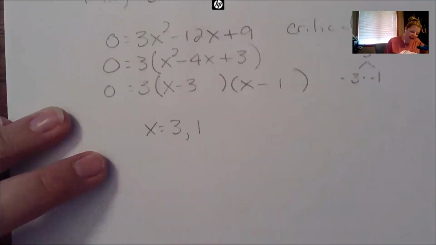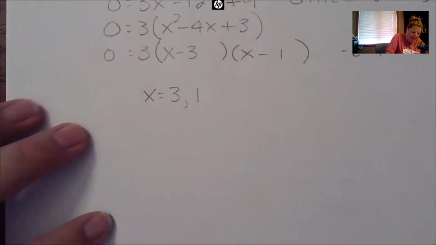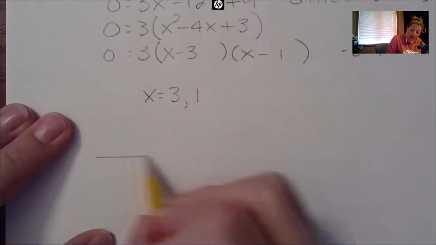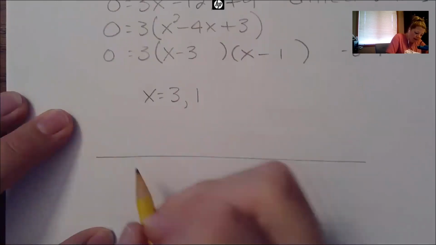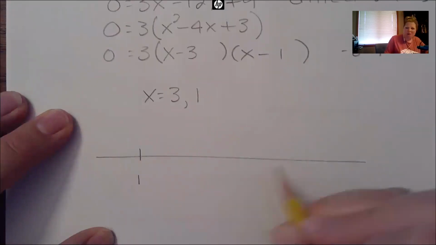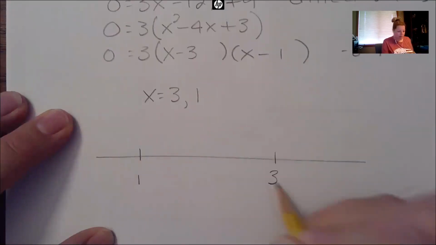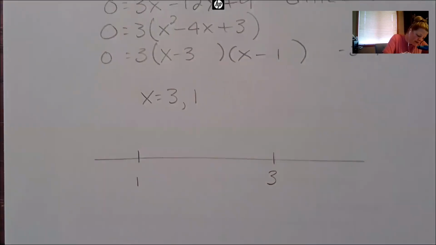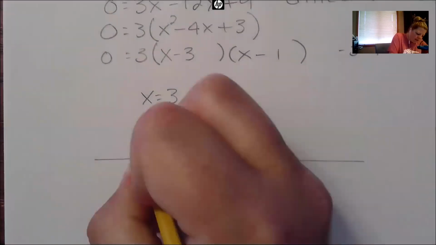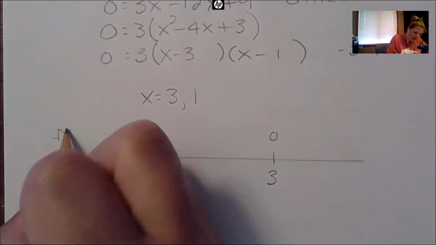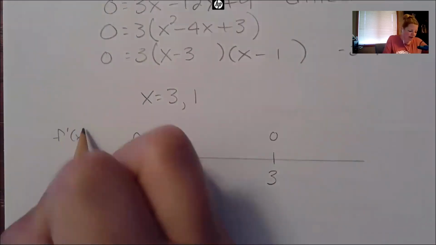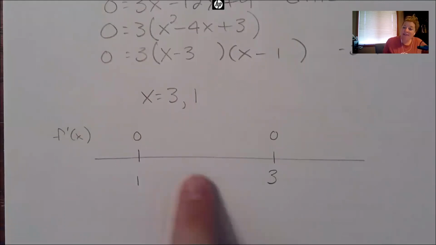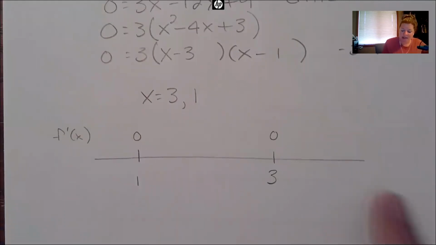So the next step we're going to do is a sign chart, right? We're going to have our 1 and our 3, and I want to go in order. 1 comes before 3. We know that these are both zeros, and we're looking at the derivative. Basically, we're going to look at each section, like we've done before with greater than and less than, x squared type things.